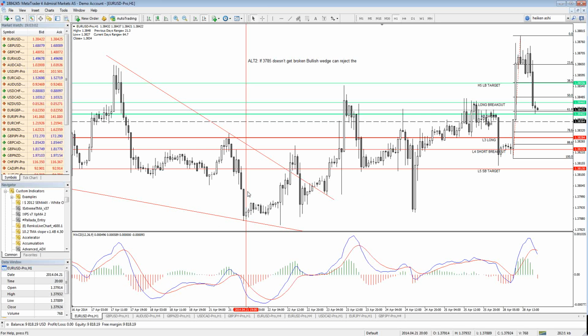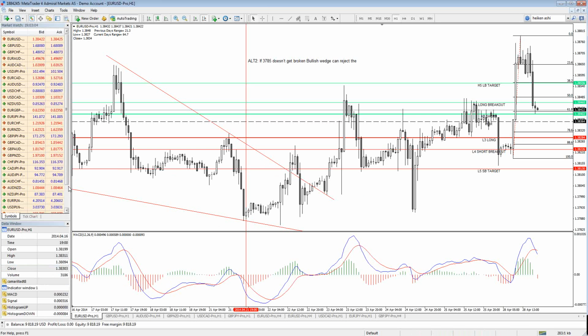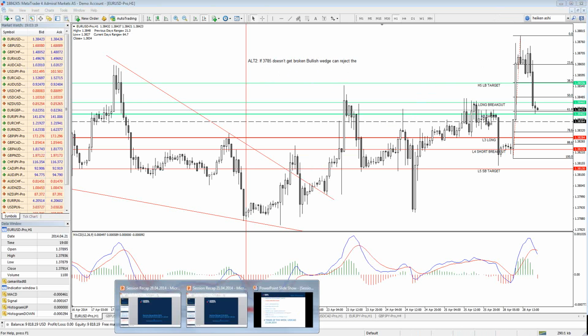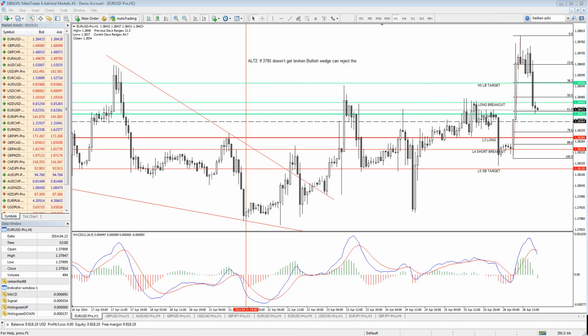We had nice setups on Euro. Basically this was the Euro dollar setup, and alternative scenario, if 37.85 doesn't get broken, the bullish wedge can reject the price towards 38.50, and basically that happened.